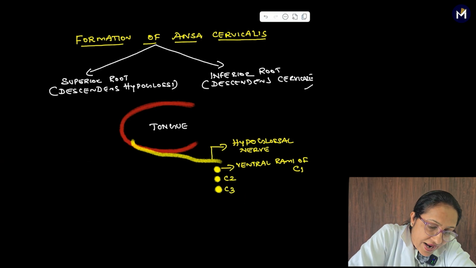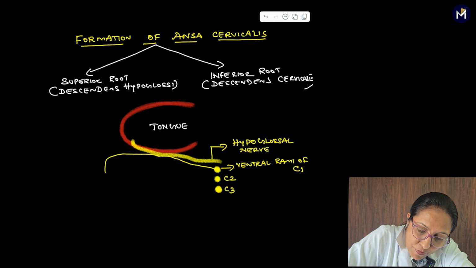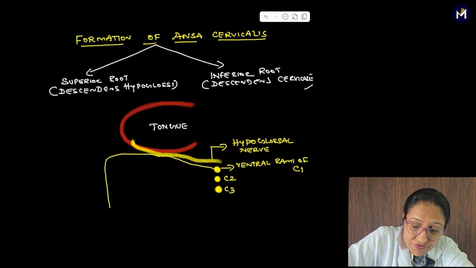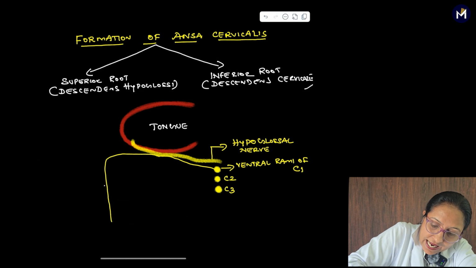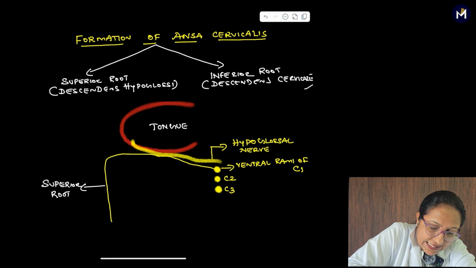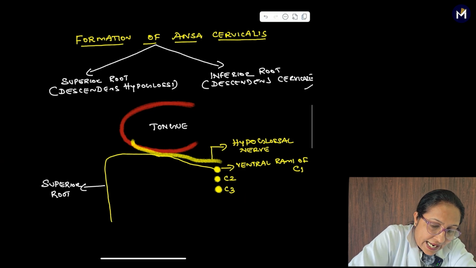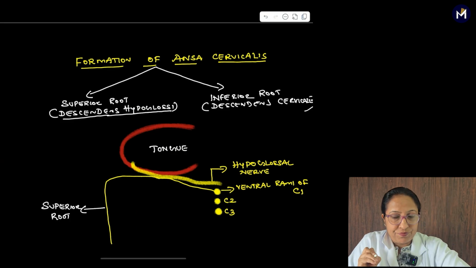Now, the ventral rami of C1 will go along with the hypoglossal nerve for a short distance, then it will leave the hypoglossal nerve and descend downwards. This is called the superior root, or as we already mentioned, the descendens hypoglossal.